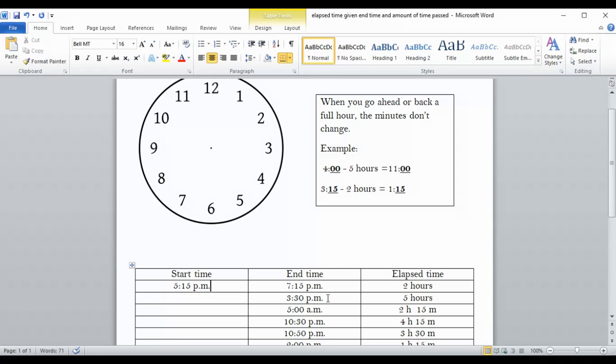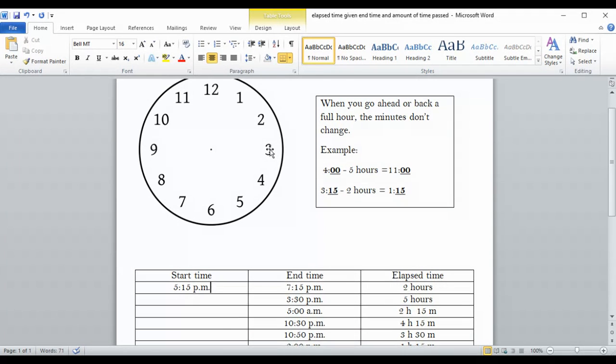If it is 3:30 p.m. and 5 hours ago we were eating lunch with our friends, then what time was that? I'm going to put my cursor there and say I'm at 3:30, and I'm going to go back 5 hops. 1, 2, 3, 4, 5. So I was eating a very early lunch at 10:30 with my friends because I went back a complete 5 hours.